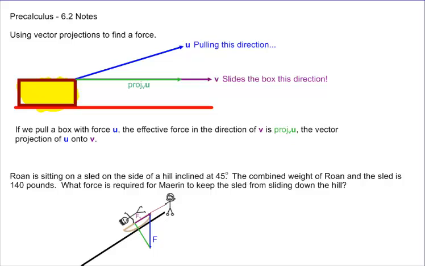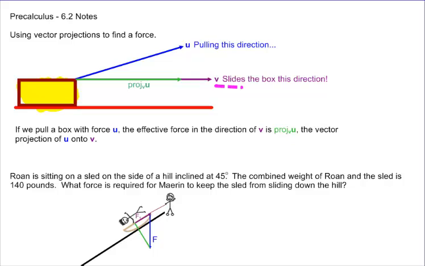And then I'm going to have some force pulling my box, and it's this blue guy. I'm going to pull it so that the box slides across my surface, and that's going to be the V guy.